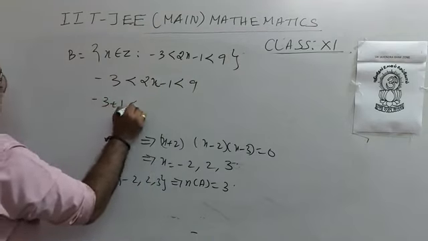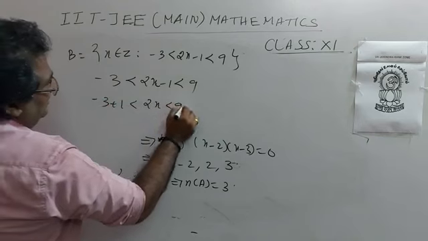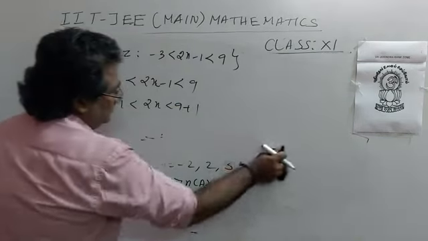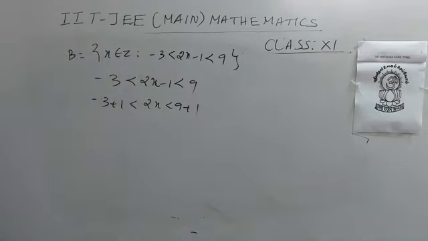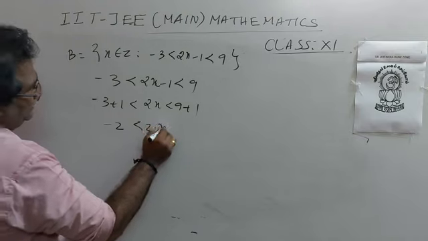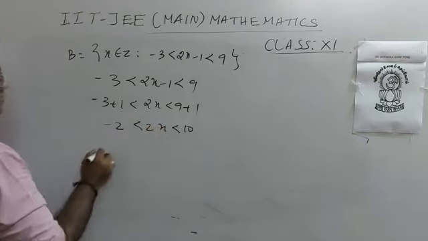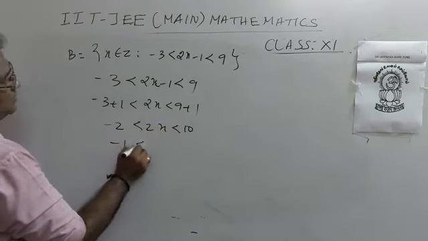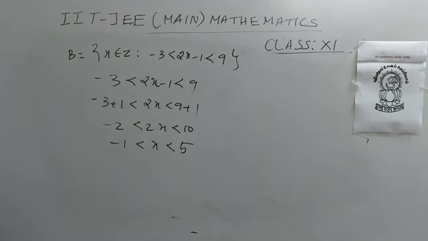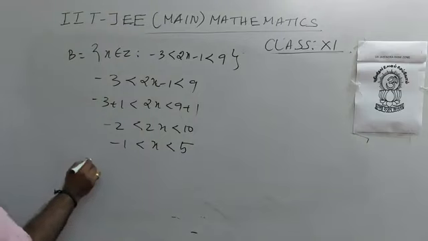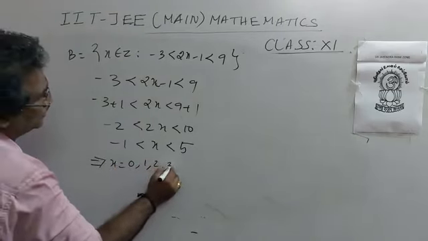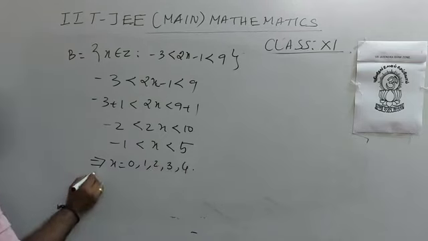Minus 3 plus 1 less than 2x less than 9 plus 1. Minus 2 less than 2x less than 10, divided by 2, minus 1 less than x less than 5, which means x is 0, 1, 2, 3, 4.